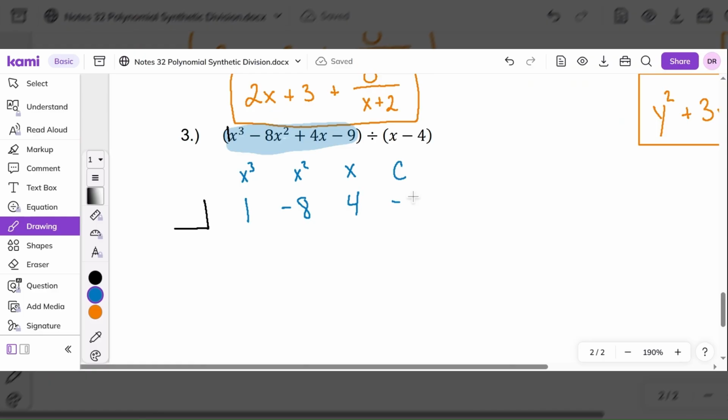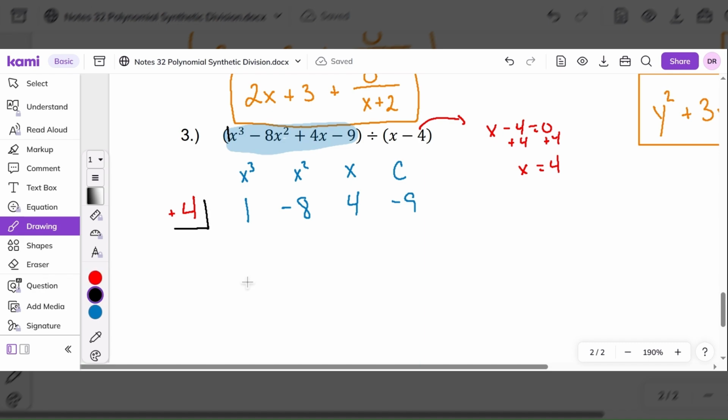In the box, though, in the dividing box, we use the opposite of what we had. So it's going to be a +4. Again, you can find that quickly here by putting x minus 4 equals 0, adding 4. So what this method does is it uses our solution for the dividing. So we have a +4 right here.